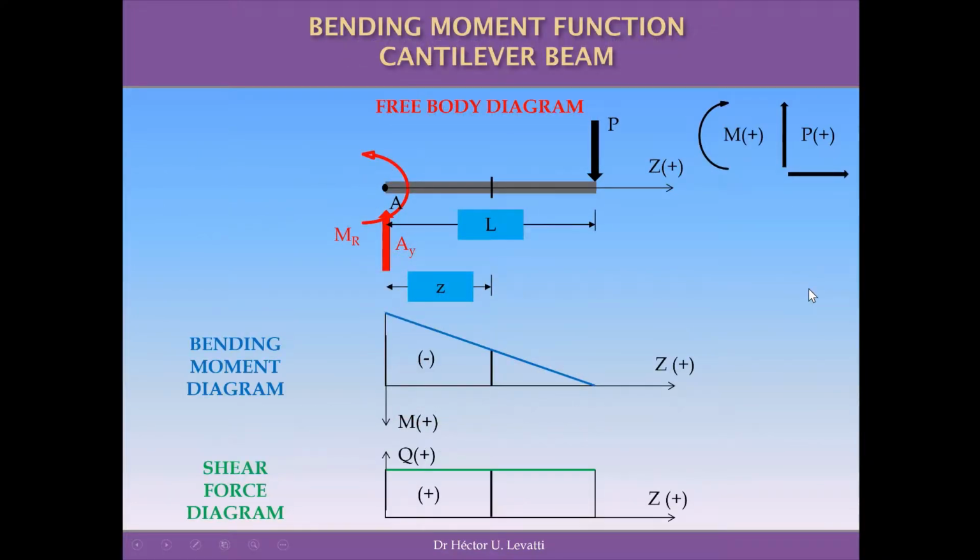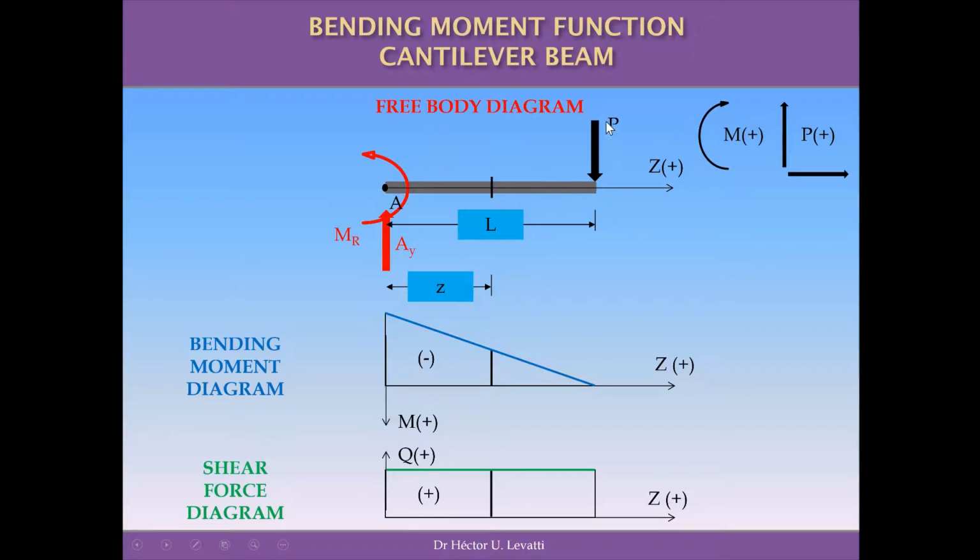After that, we do the sketching of the bending moment diagram and the shear force diagram, as we are accustomed to do from other exercises we did before. You see that our z-axis starts at A and is positive going to the right. And we repeat this reference line, this horizontal line we know is the neutral axis for every diagram.